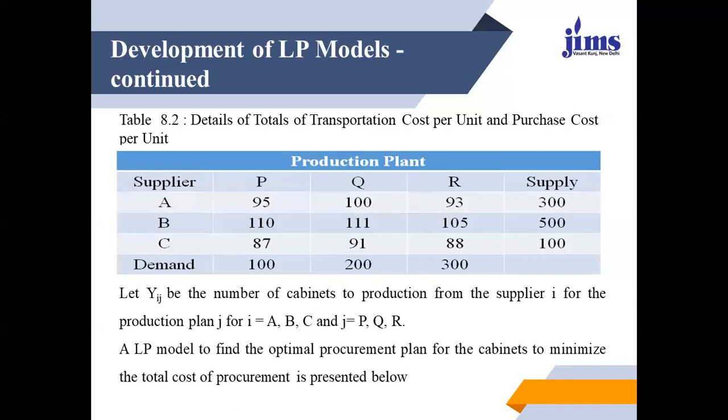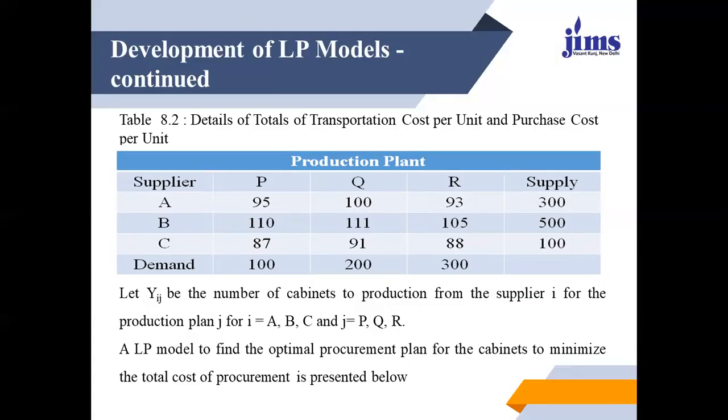What is the demand? Maximum demand at production plant P is 100, that at Q is 200, that at R is 300. So YAP plus YBP plus YCP should be less than or equal to 100. Similarly, YAQ plus YBQ plus YCQ should be less than or equal to 200.